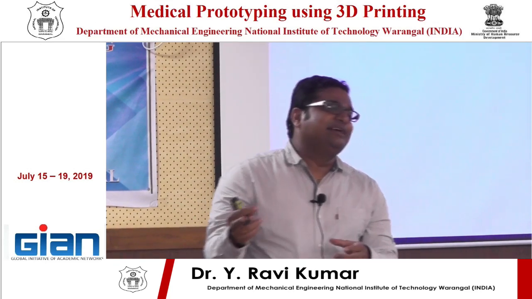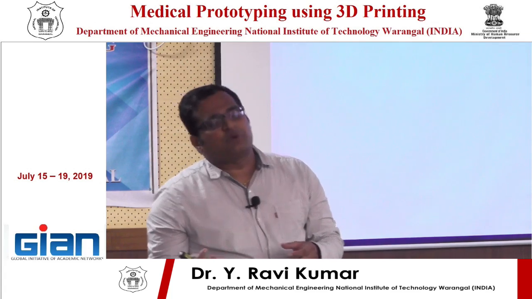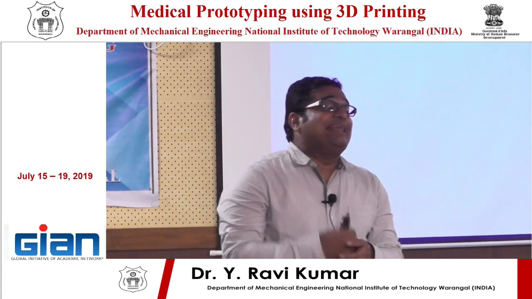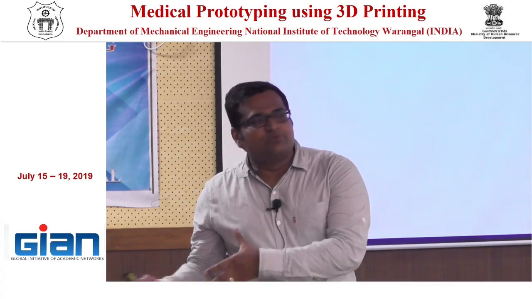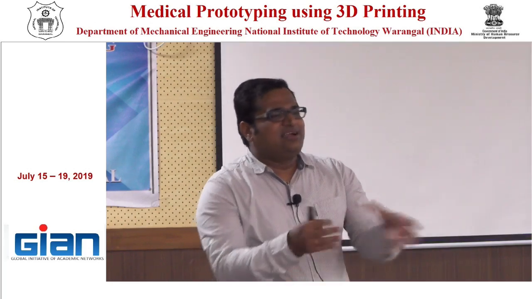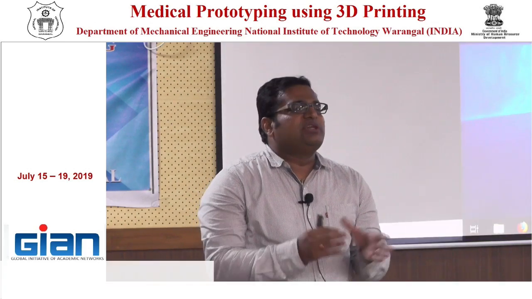Even after printing, what kind of post-processing is needed and how to sterilize the models. You should not directly take these models into the operation theater and start working on them, right?